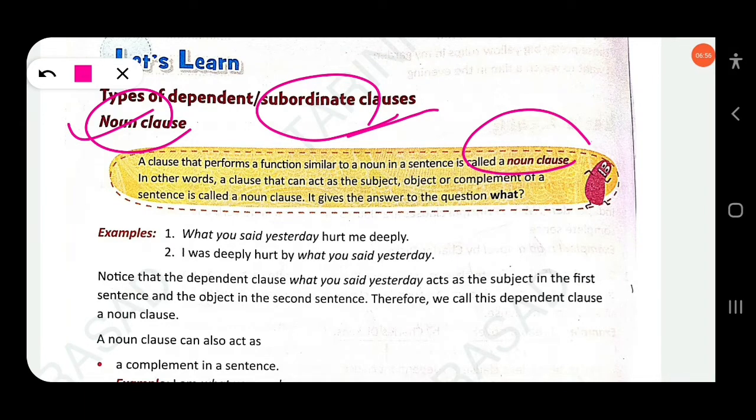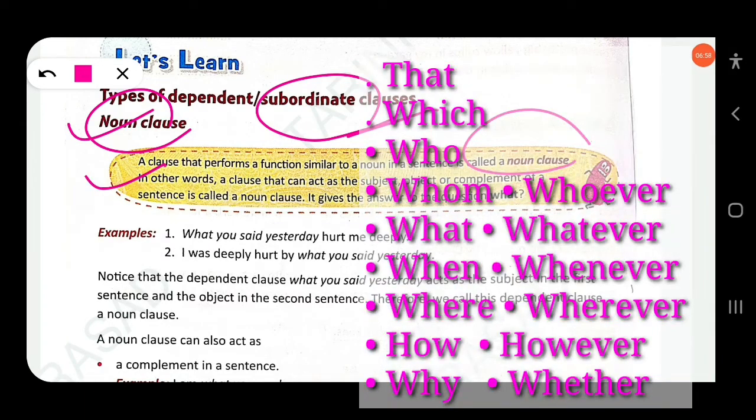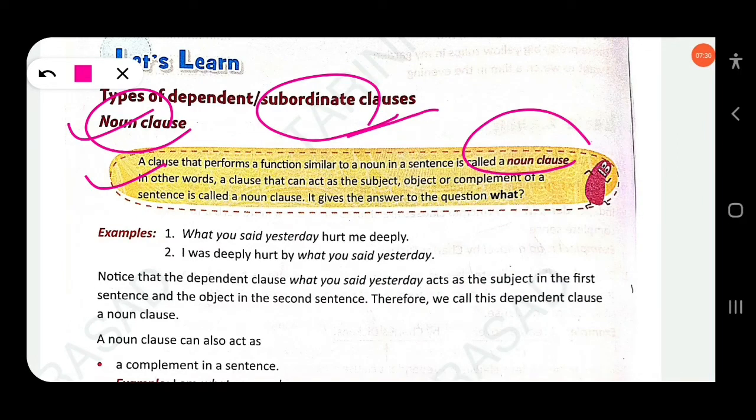If a clause begins with that, which, who, whom, whoever, what, whatever, when, whenever, how, however, why, whether, then we call it a noun clause. That's why it is also known as a nominal clause.